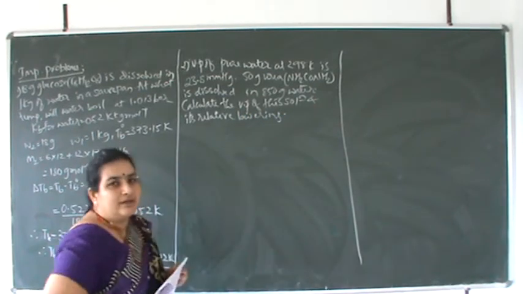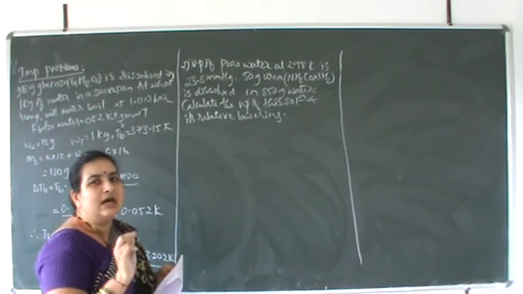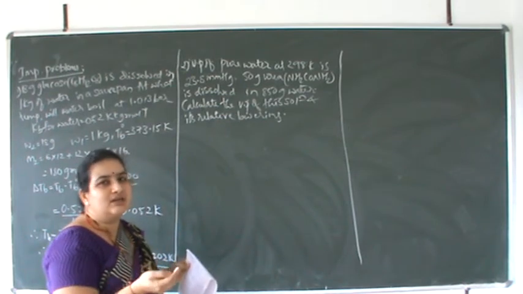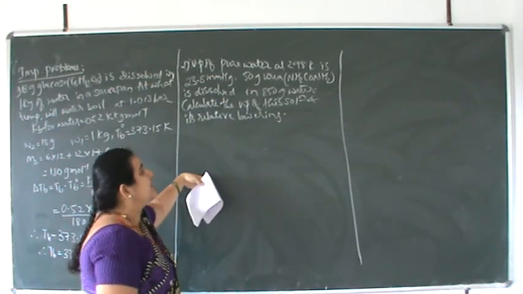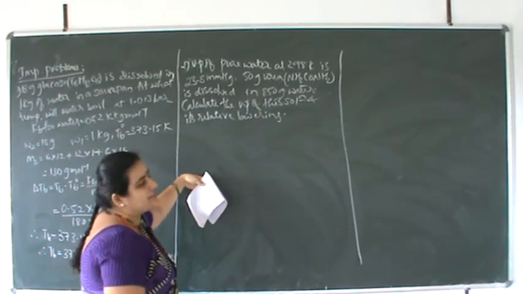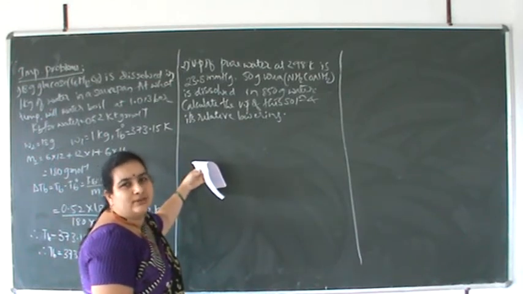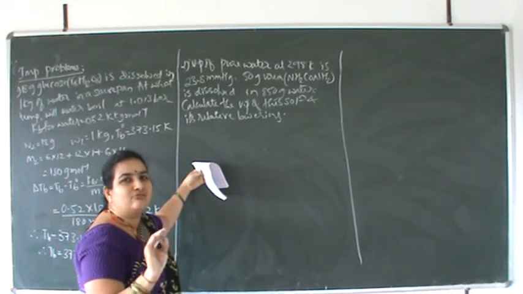So in each session, that means in each formula, I will solve one problem, and if time is there, I will solve the next set. Okay. Vapor pressure of pure water at 298 Kelvin is 23.8 mmHg. So it is a problem related to relative lowering of vapor pressure. First, you decide which is the formula.